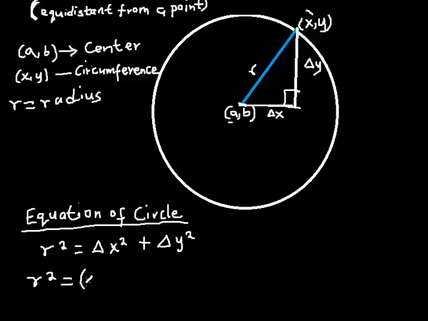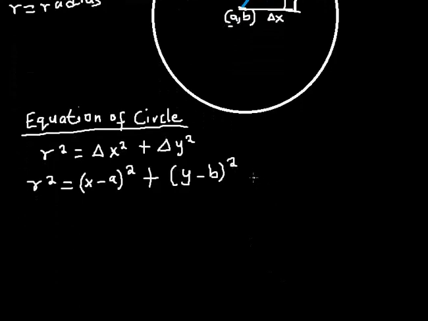So the increment in x is going to be x minus a all squared, plus the increment in y, that is y minus b all squared. So this is the standard equation of a circle: r square is equal to x minus a square plus y minus b square, where a and b are the center of the circle.